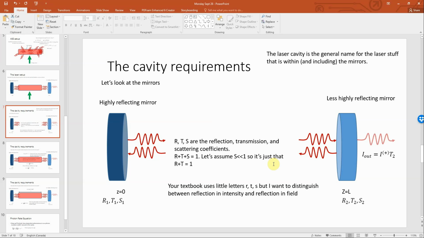So I want to distinguish between reflection coefficients, which deal with intensity, and the reflectivity and transmittivity of a mirror, which deal with the field. You just have to be careful of how we describe that when dealing with a field, which is proportional to the square root of the intensity.